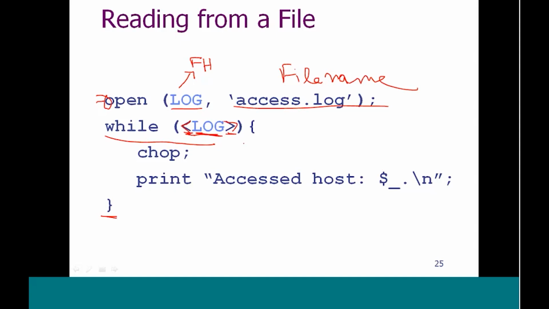It reads one line at a time from this file. Here it gets the access.log and prints out access log and $_. The $_ is directly equal to this log, so you can replace it here.